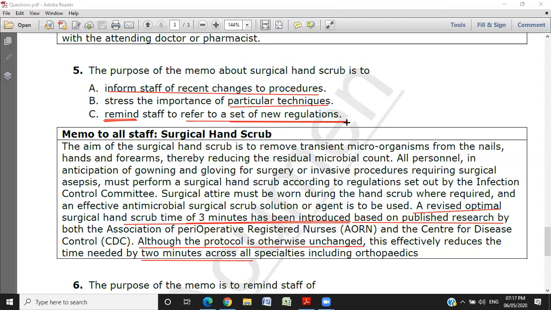It's just the time that has been changed here. So the correct answer here is A. Inform staff of recent changes to procedure. So there has been a change in the time for how long they need to follow the hand scrub.